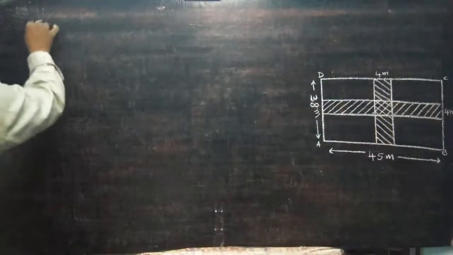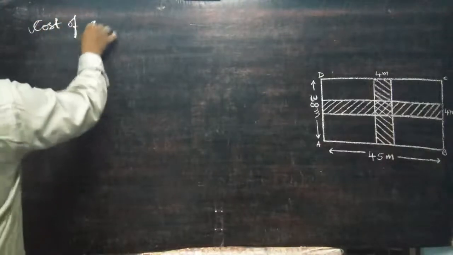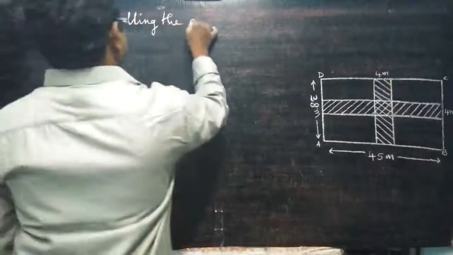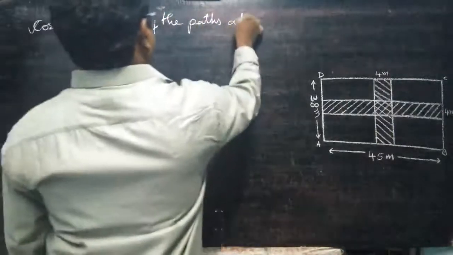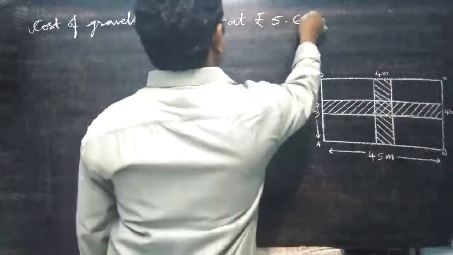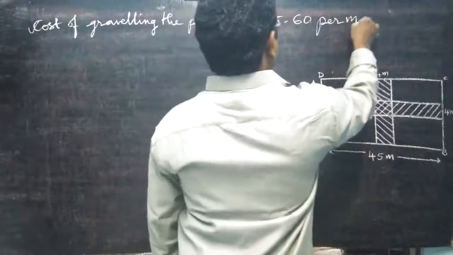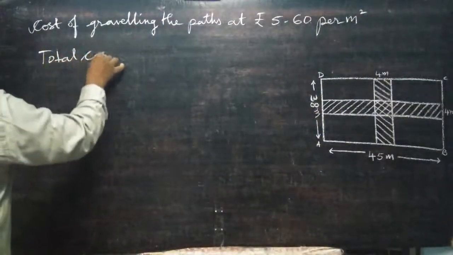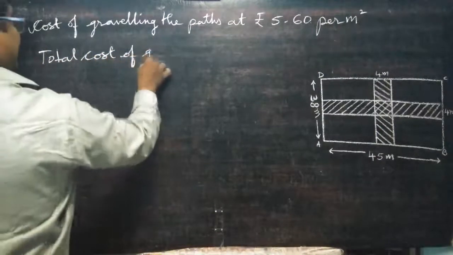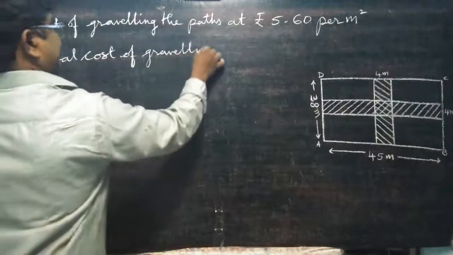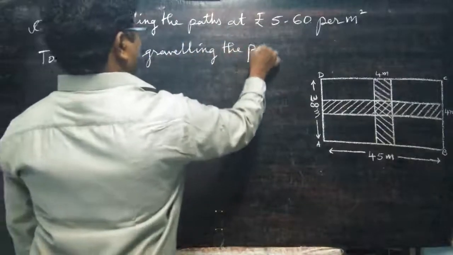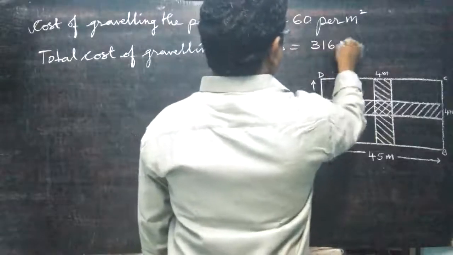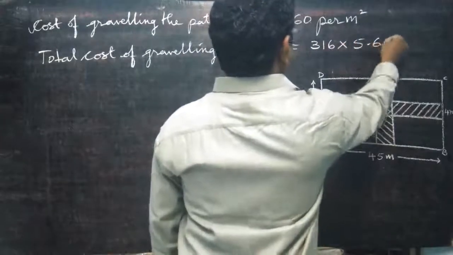Now, cost of graveling the paths at rupees 5 rupees 60 paise per meter square. So, total cost now. Total cost of graveling the paths is equal to 316 into 5.60.